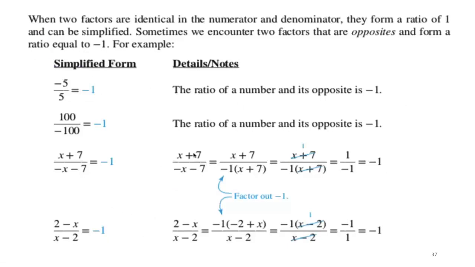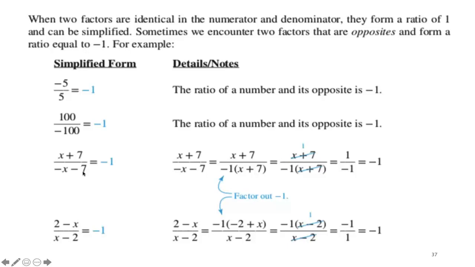Okay, one last technique before we end is that sometimes it looks like an expression can't be simplified, but it turns out that if you look carefully, we might have two factors that are opposite. We can pull out a negative 1 so that it can be cancelled. So negative 5 divided by 5 is negative 1. These terms are opposite, so when you divide them, you get negative 1.